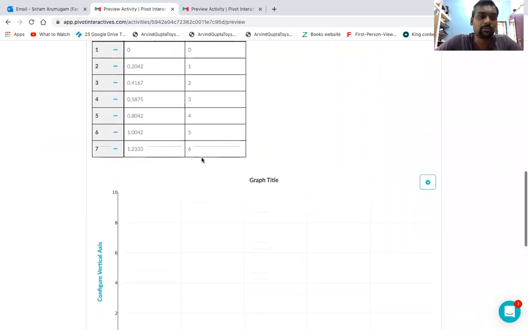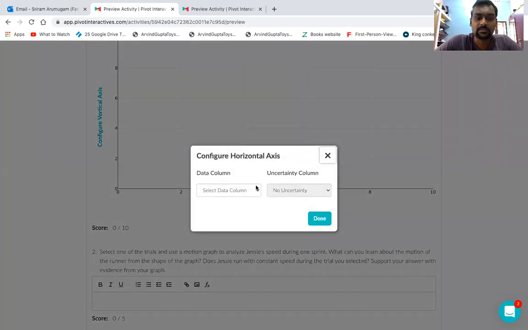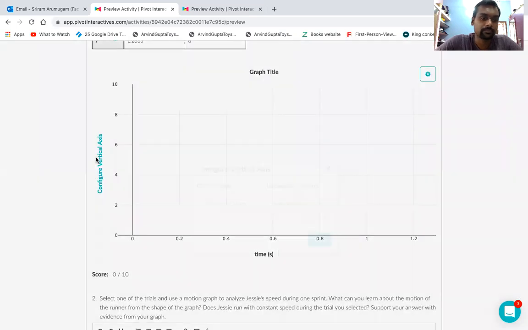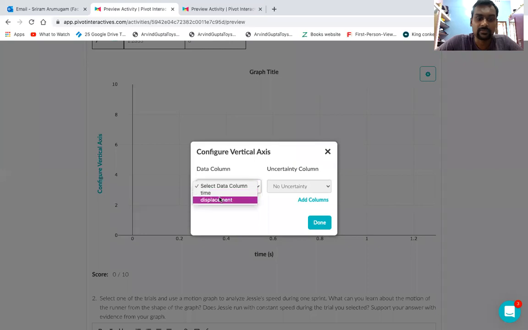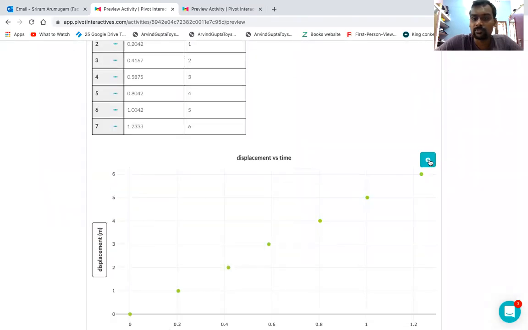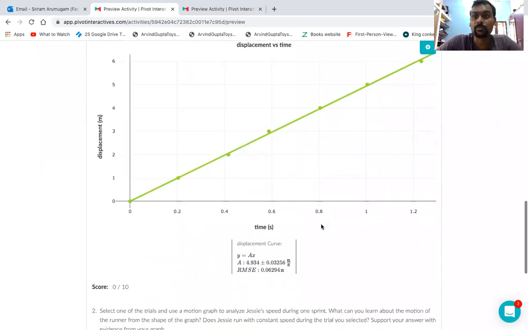So now what I'm going to do is plot the data here. So we have time across x-axis. We're not worried about the uncertainty now. And we have displacement across y-axis, done. I'm going to curve fit it and try AX, linear proportionality.